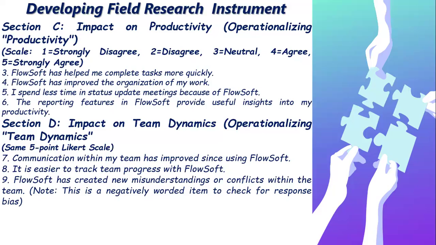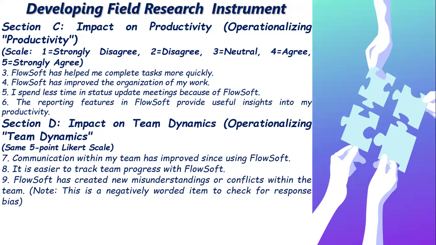Next question: FlowSoft has improved the organization of my work. Next up: I spend less time in status update meetings because of FlowSoft. The report feature in FlowSoft provides useful insight into my productivity.